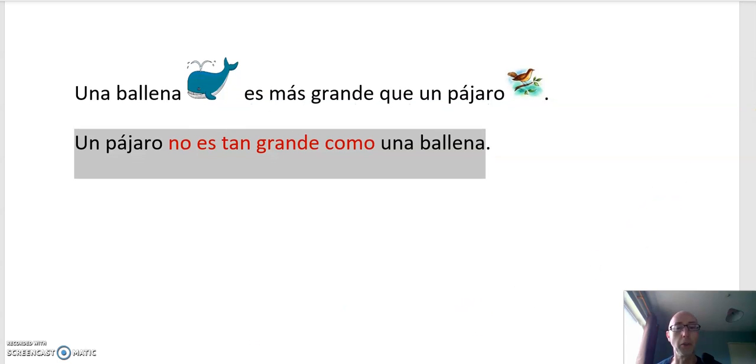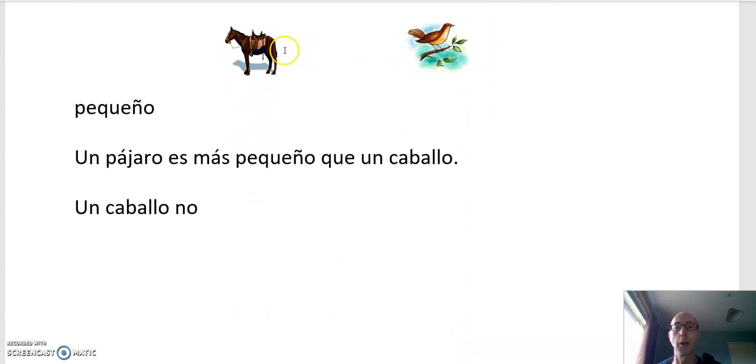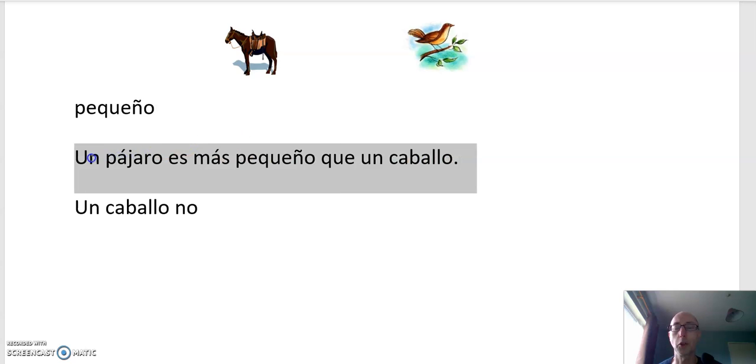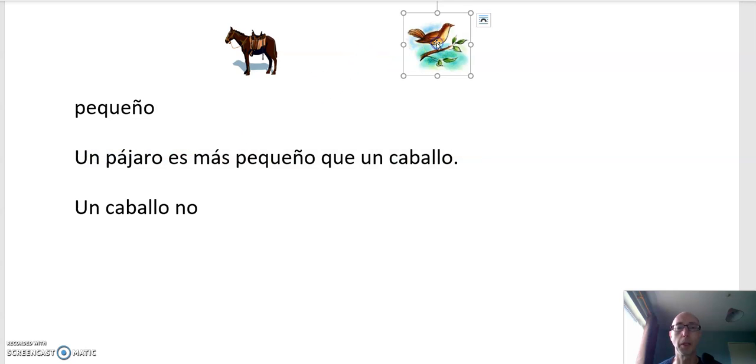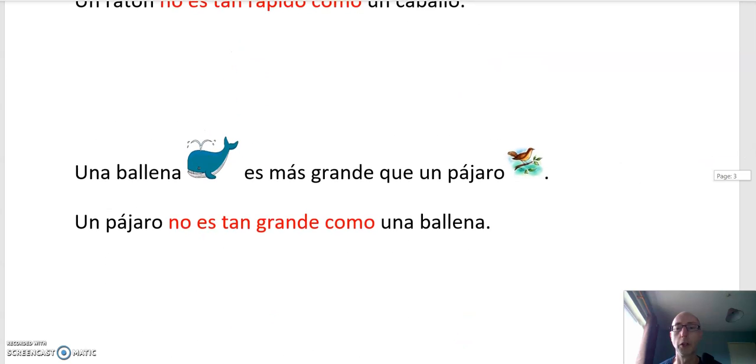So let's do a little bit of practice with this. So we have un caballo, un pájaro. And we're going to use the adjective pequeño. Un pájaro es más pequeño que un caballo. Más pequeño que un caballo. So let's use the expression we were learning.